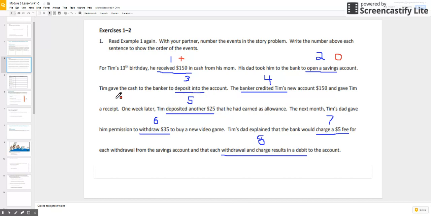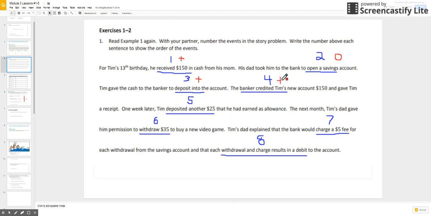We go to event number 3. Tim gives the banker cash to deposit. Deposit is a positive thing. Money is going into his account, which is increasing his account balance, which is a positive thing. Next, the banker credited Tim's new account $150. Once again, crediting is a positive thing.